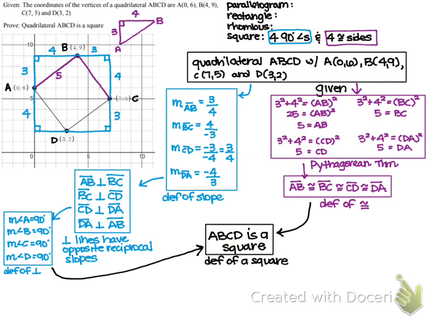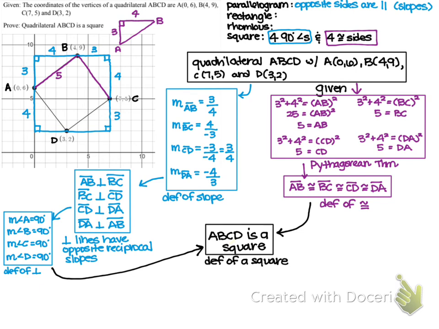So for parallelogram, I need opposite sides to be parallel, but that comes from calculating slopes. So what's really nice about a parallelogram is that I don't have to do the Pythagorean theorem. It's not necessary. I mean, you can, but it's overkill. If you have opposite sides are parallel and it's a four-sided shape, it's definitely a parallelogram. I mean, it might be more specialized. Maybe it's a square, but it's definitely a parallelogram.